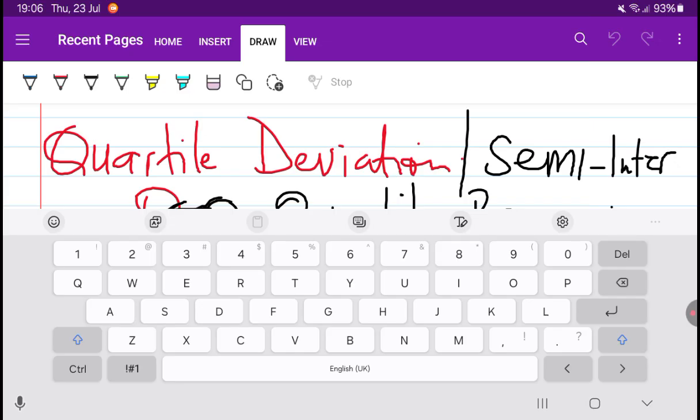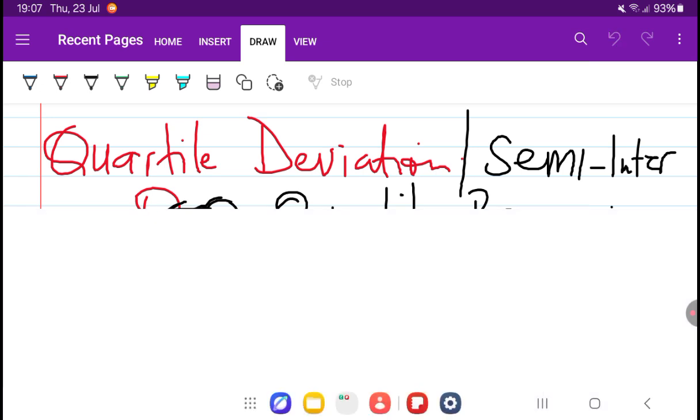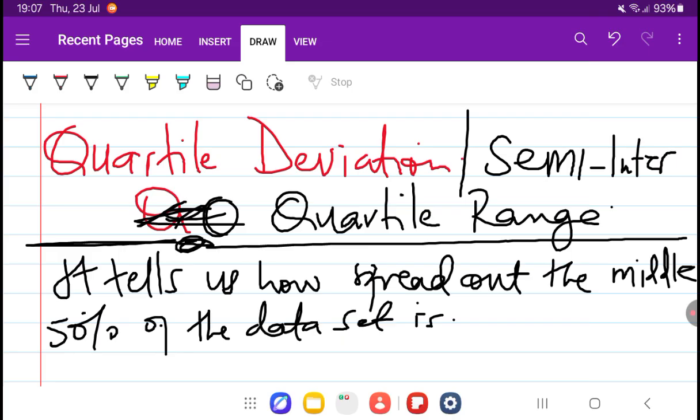So when we are looking at the quartile deviation, the extreme values will not be affected by the outliers, because if we are looking at the middle point, it's like we are focusing on the median.